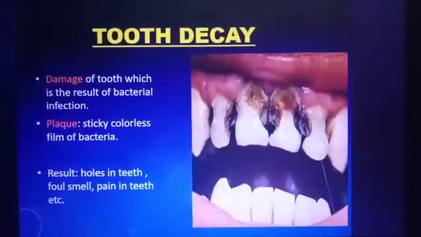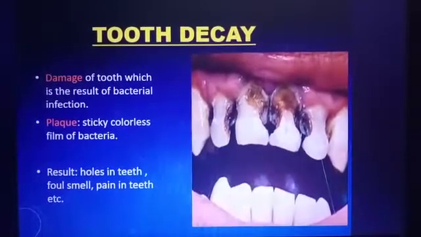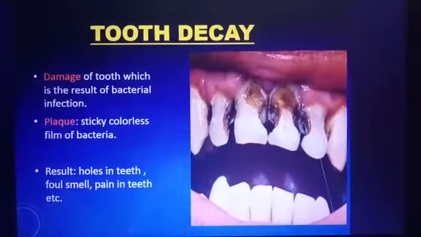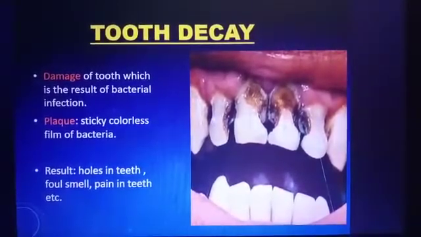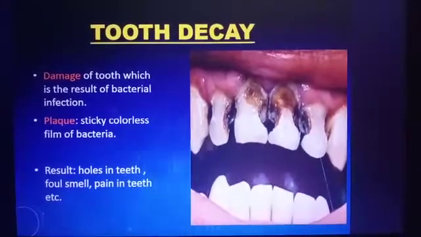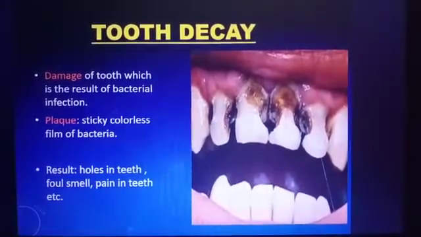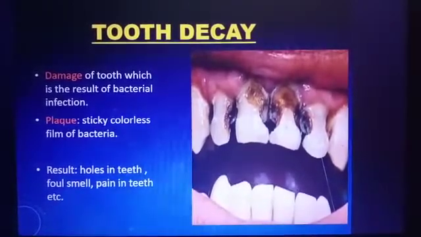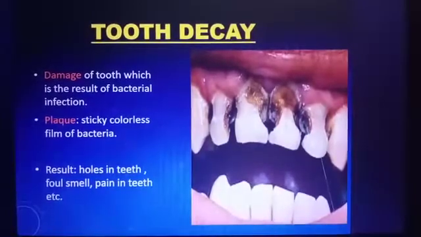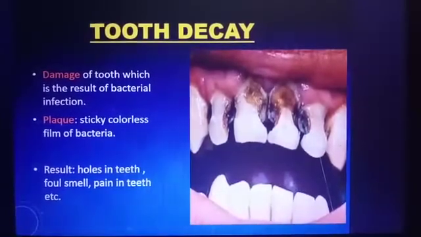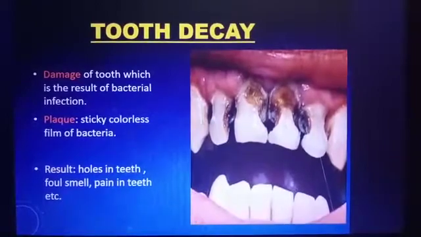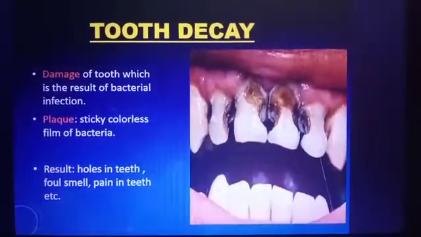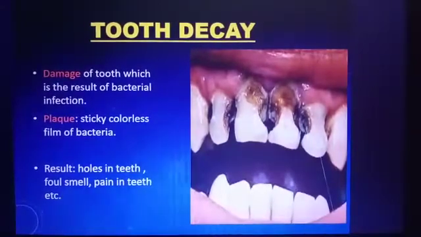Now, after the importance of teeth, I'm going to tell you about tooth decay. Decay is damage of teeth. There can be several reasons for it. Damage of tooth is the result of bacterial infection. When we eat food and we do not brush at night, our food stays in the mouth and acid is produced, bacteria act on it, and there is foul smell, pain in your teeth, and loss of teeth.